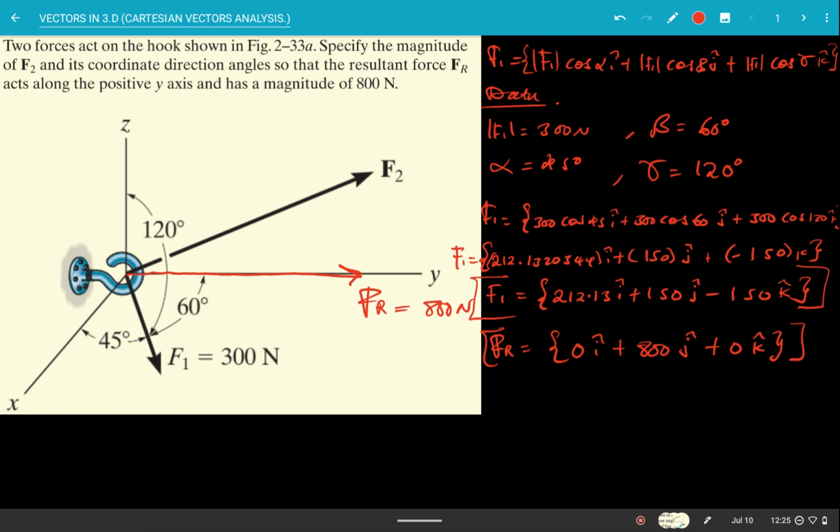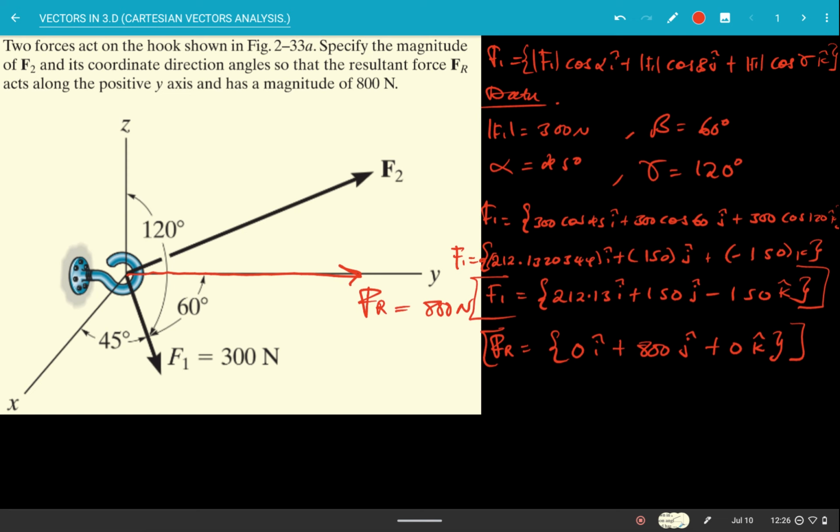So we have those values. So we have found the Cartesian form of the resultant. Let us also find the Cartesian form of F2, which is the one we're looking for. The Cartesian form of F2, we don't know what it is.